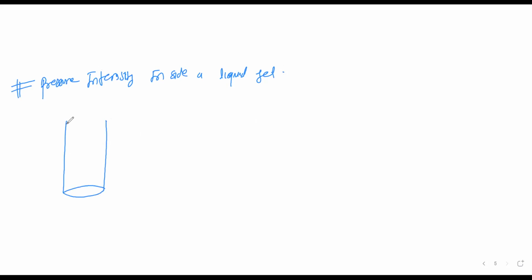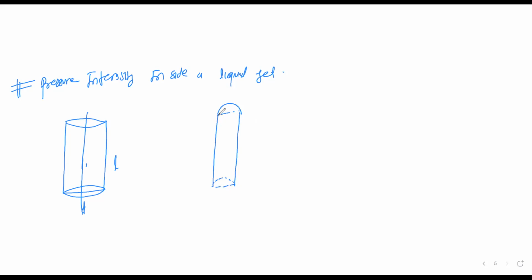I'm assuming that the length of the liquid jet is L and the diameter is D. If you cut the liquid jet into two parts, you will get a shape that looks like this.